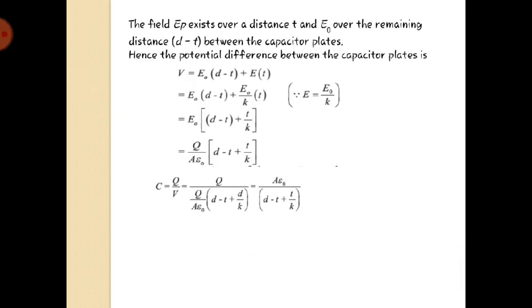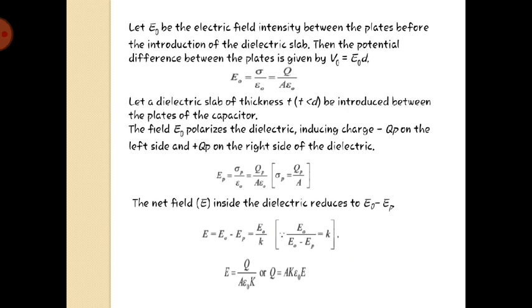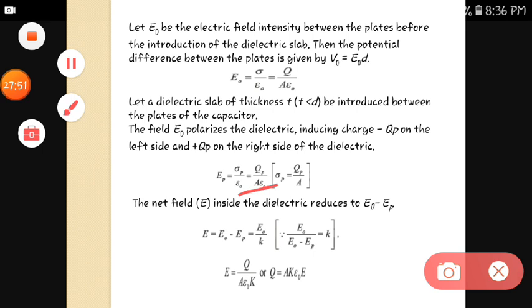Now I will explain again what happens. First we write the formulas when no dielectric medium is there, which is E0. Then we write the formula for when the dielectric medium has been introduced, which is given by Qp by A epsilon 0.